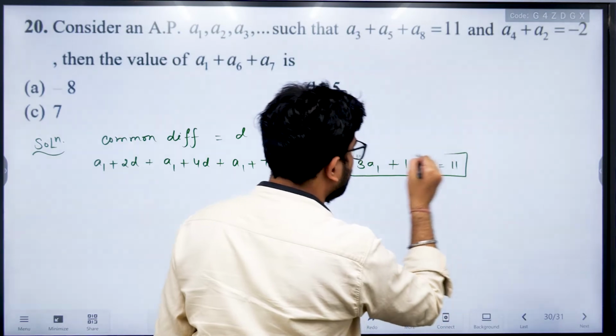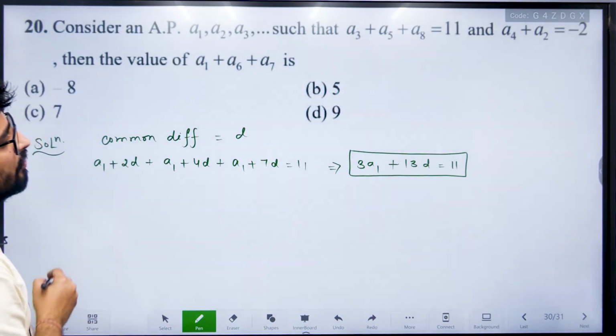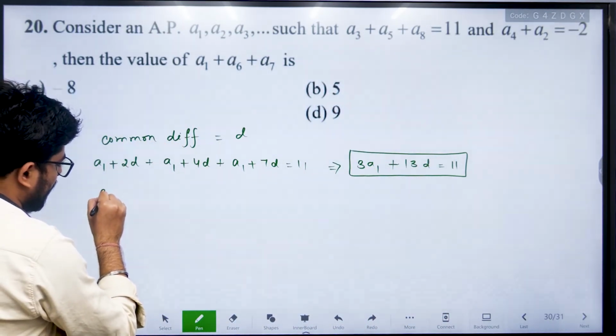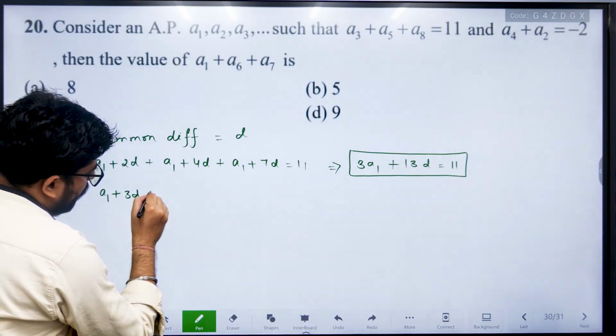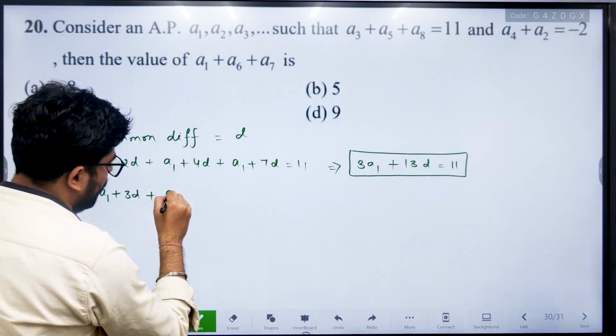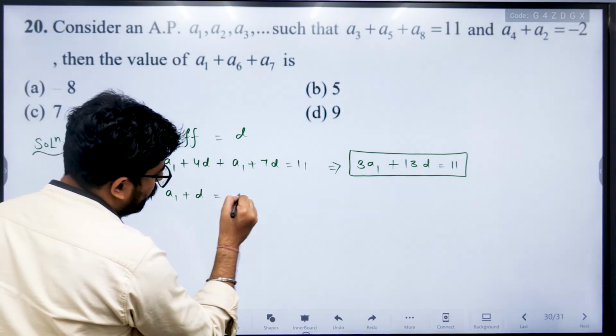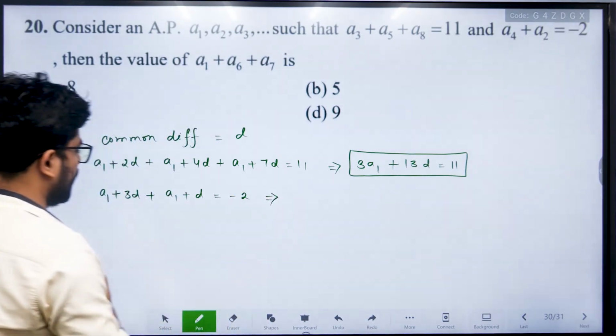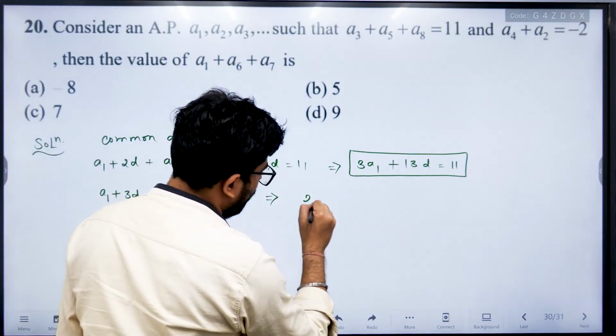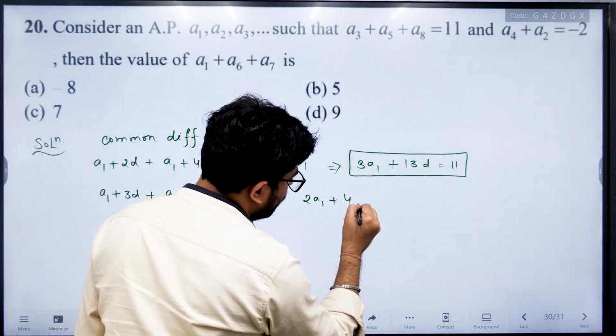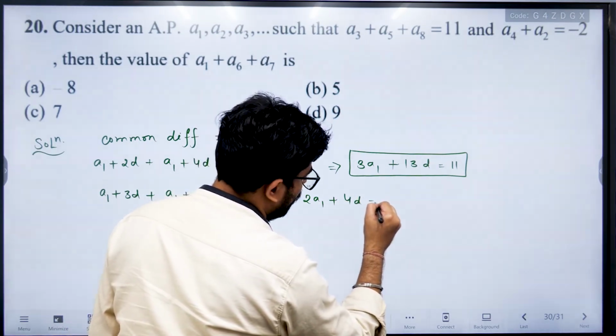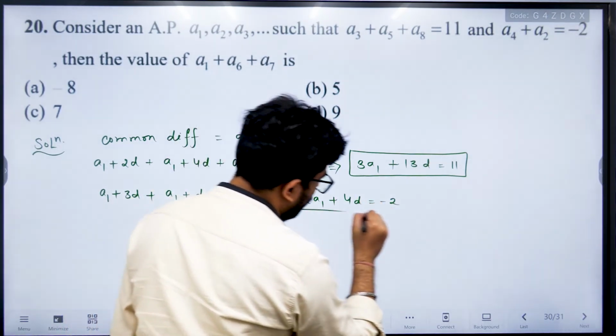That is the first equation. The second one is A4 plus A2 is minus 2. A4 means A1 plus 3D, plus A2, that is A1 plus D, which is equal to minus 2. When you simplify it, you get 2A1 plus 4D is equal to minus 2.